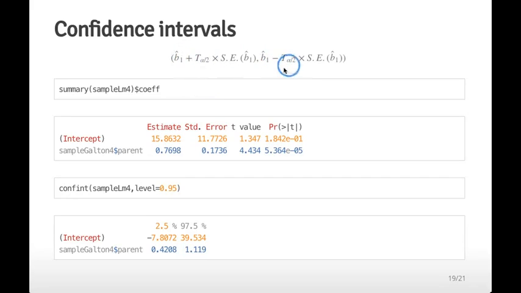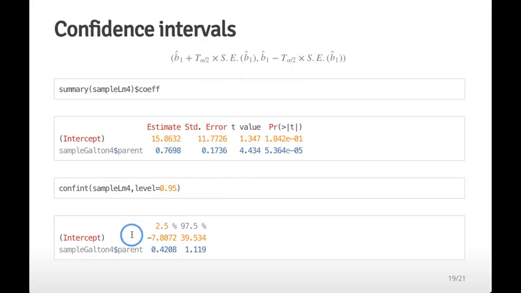I've got this backwards. And so what we can do is, if we look at the coefficients from the linear model, we have estimates here, and we have standard errors. And then we can apply this confint function to this same linear model and tell it what level we would like the confidence interval to be, and it performs this calculation for us.